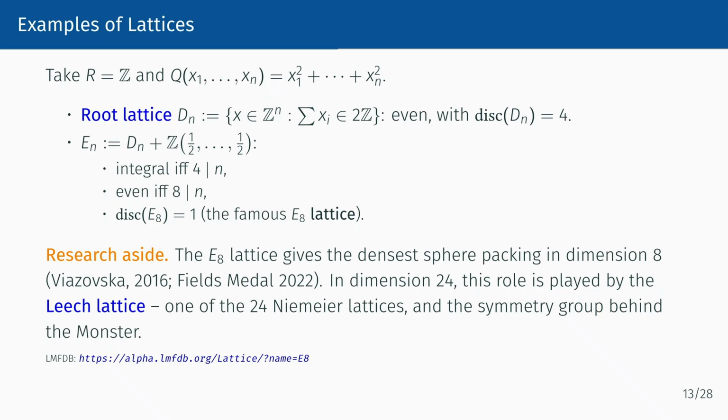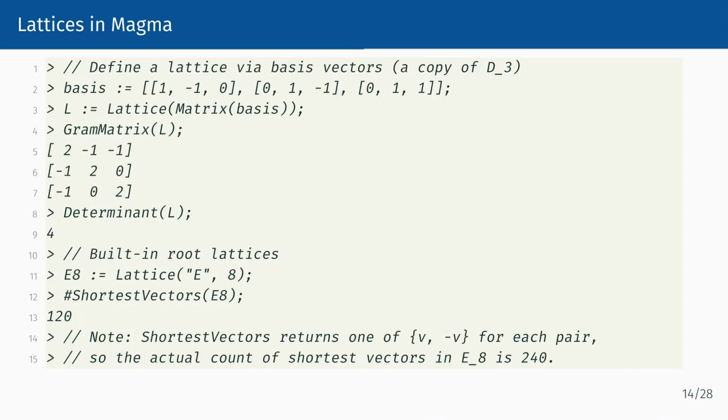In dimension 24, this role is played by the well-known Leech lattice, one of the 24 Niemeier lattices, and the symmetry group of the monster group, which is like the largest finite simple group. If you have the slides open, feel free to click the link and explore these lattices a little bit. Okay.